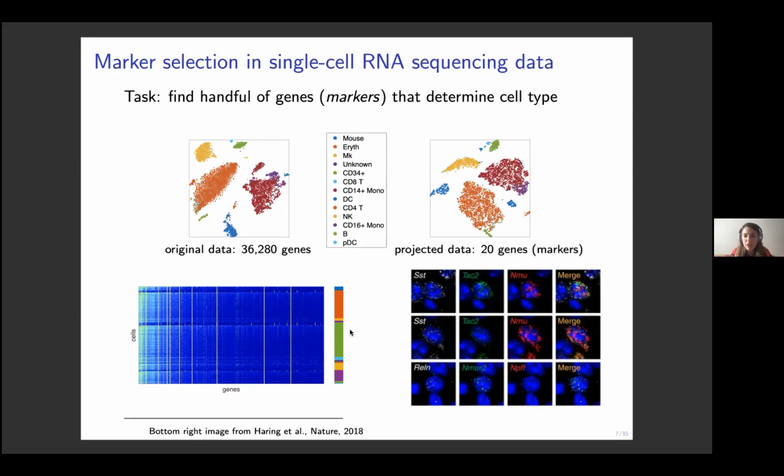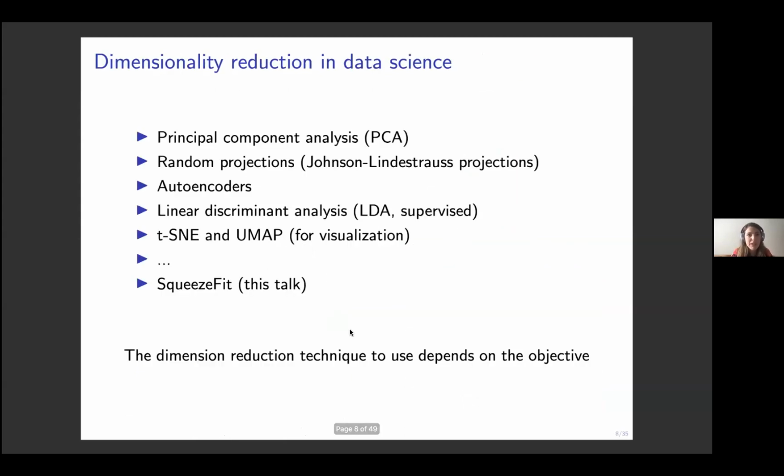So you can use both technologies in a complementary way. So basically this is a dimensionality reduction problem from dimension 36,000 to dimension 20.